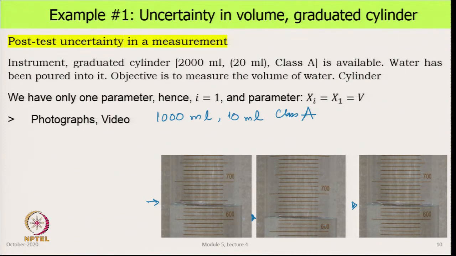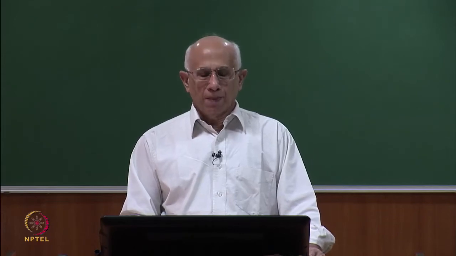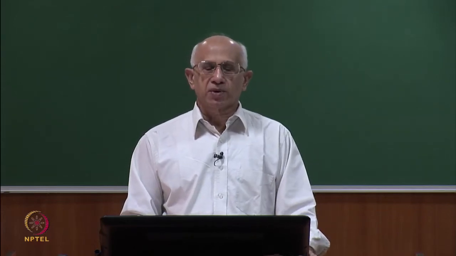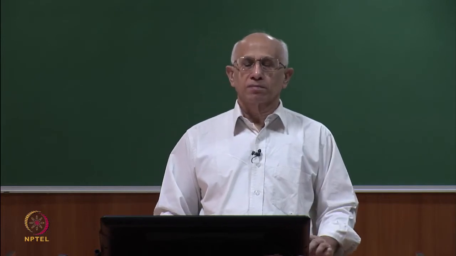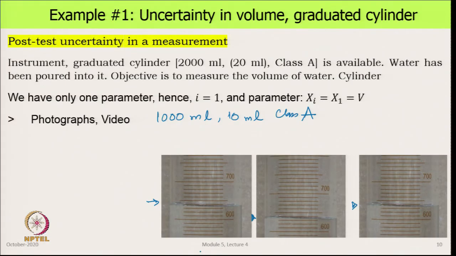The markings you can see, this is 600 milliliters, 700 milliliters, each marking corresponds to 10 milliliters. Before doing this, we took a spirit level, looked at the table on which the cylinder was placed and made it horizontal, and then we took these photographs. So, like this, one could read the level several times individually or get different people to tell what they think is this reading.